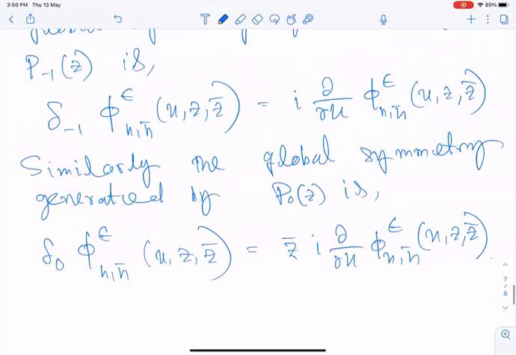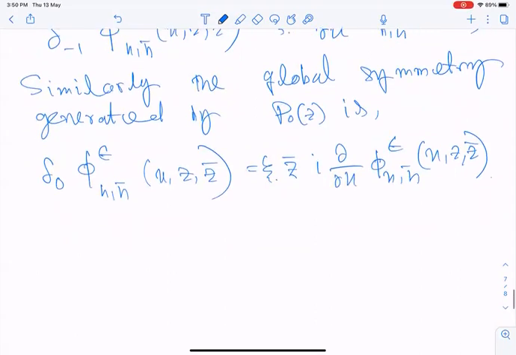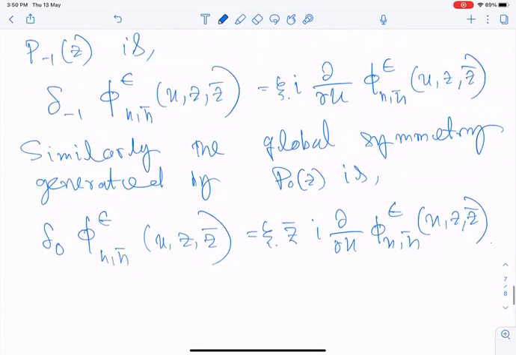If you want, you can actually insert some infinitesimal parameter, epsilon. Now, what are these transformations? These are essentially transformations on the coordinates u, z, z bar. This delta_{-1} is a constant shift in u.